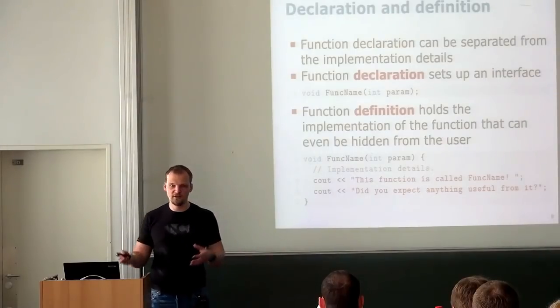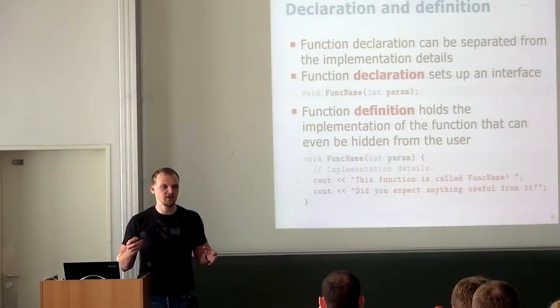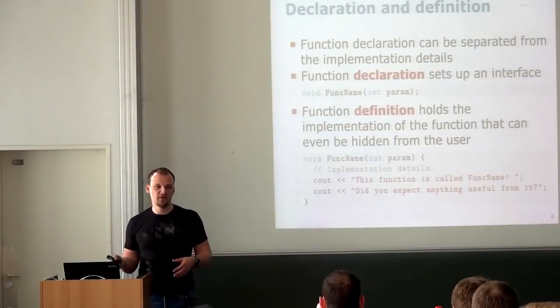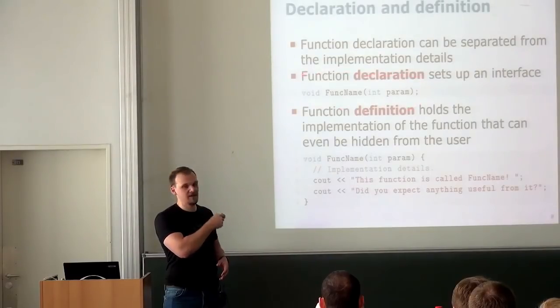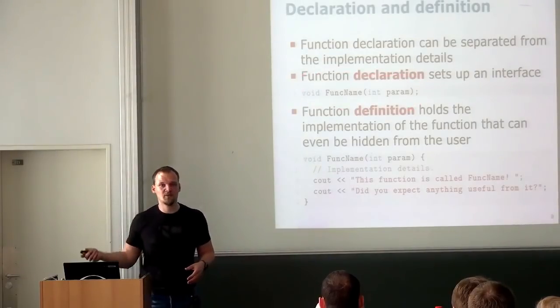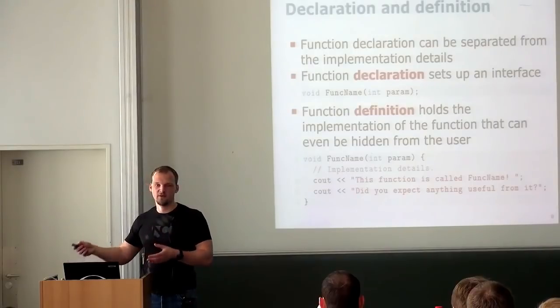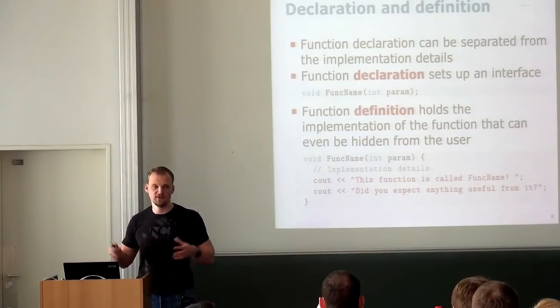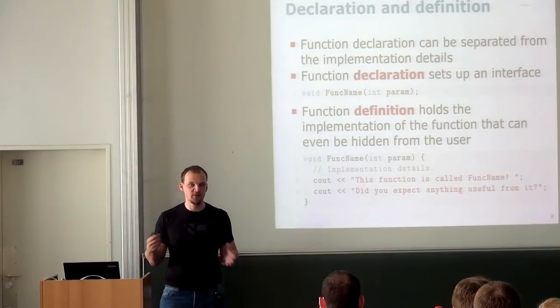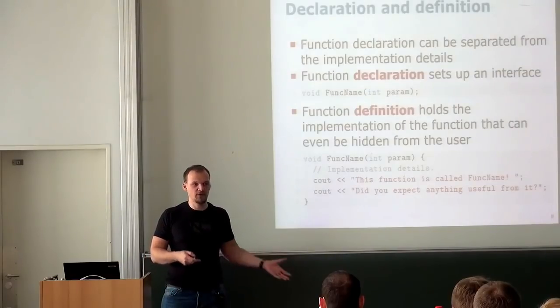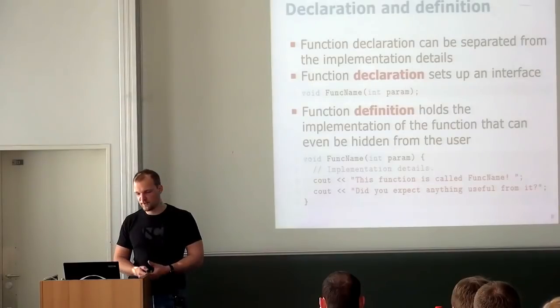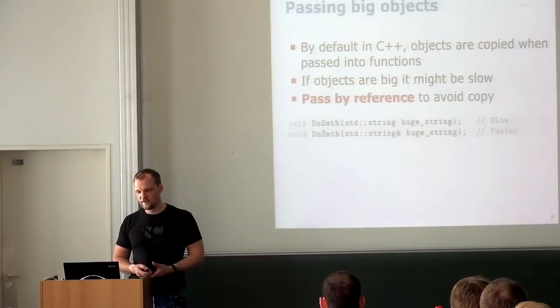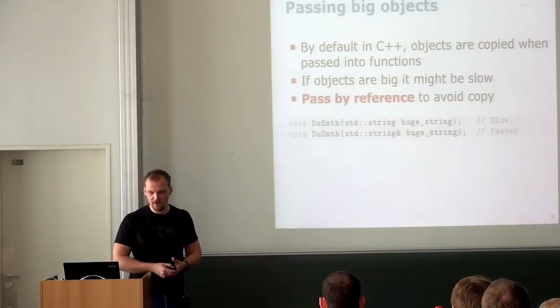If you want to hide your implementation from somebody, you just pack it into a library and give away the library. So the moment the users see this declaration and have a library, they can actually access the code even when they don't see it, which is nice. A lot of libraries that you install in the system work in that way. You don't want to see all the code, you just want to use the thing. Again, we're going to discuss it now.